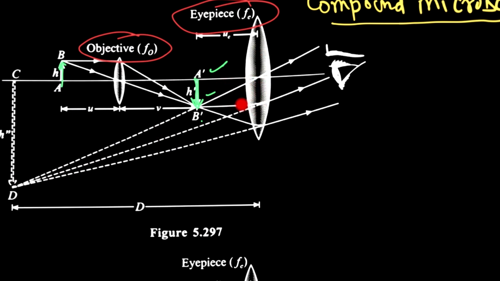It means the final image will form at distance capital D. So with the help of two lenses, we are trying to magnify this image multiple times. We can say this is the object and this is the final image, so there is more magnification. So if you want to magnify an image more than 4 times, we have to use two lenses, and this combination of two lenses we call a compound microscope.